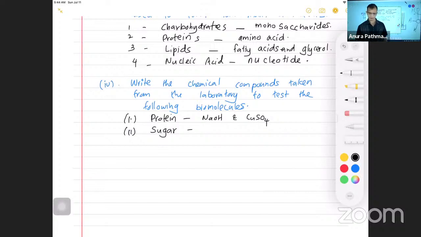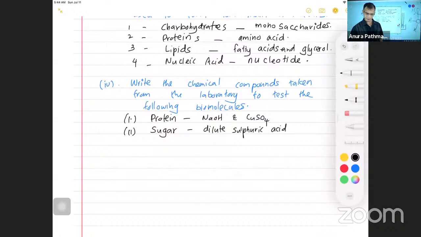What can be used? Sugar means sucrose. Sucrose is tested with 2 chemical compounds. First, you have to use that one and then add the other one. What's that? First one, dilute sulfuric acid.